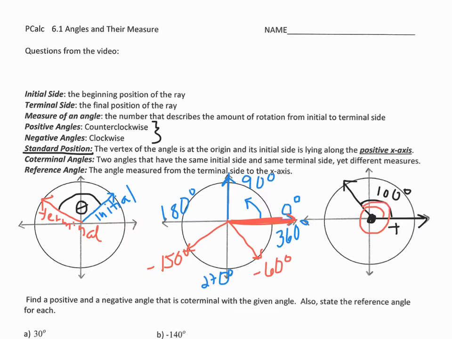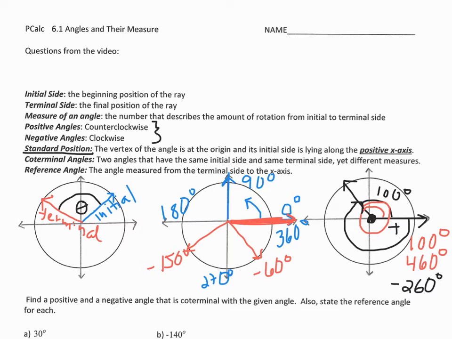So I could say that 460 is a coterminal angle with 100 degrees. So again, same initial side, same terminal side, yet different measures. And then if I want to go in the negative direction, I could also name that 100 degrees. If I go this way around the circle, I could name that negative 260.